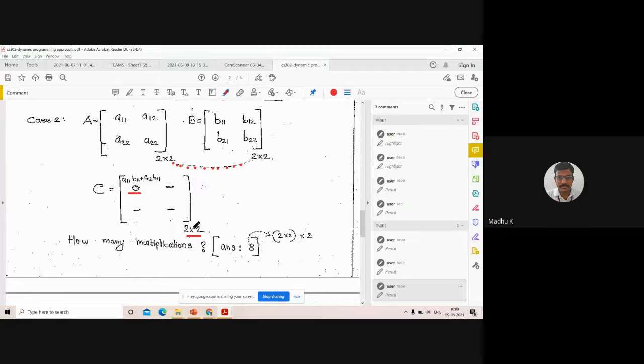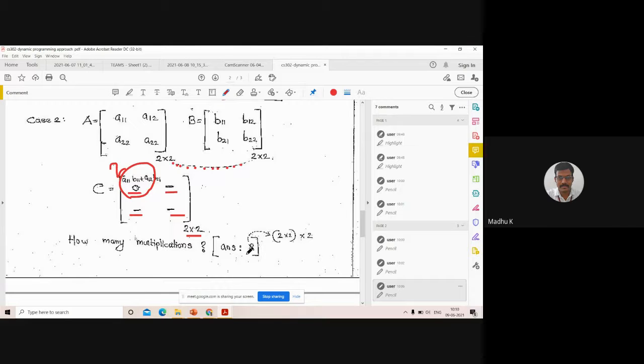For finding this element, how many scalar multiplications are needed? Here, 2 scalar multiplications are needed. In total, 4 into 2, which will be 8.